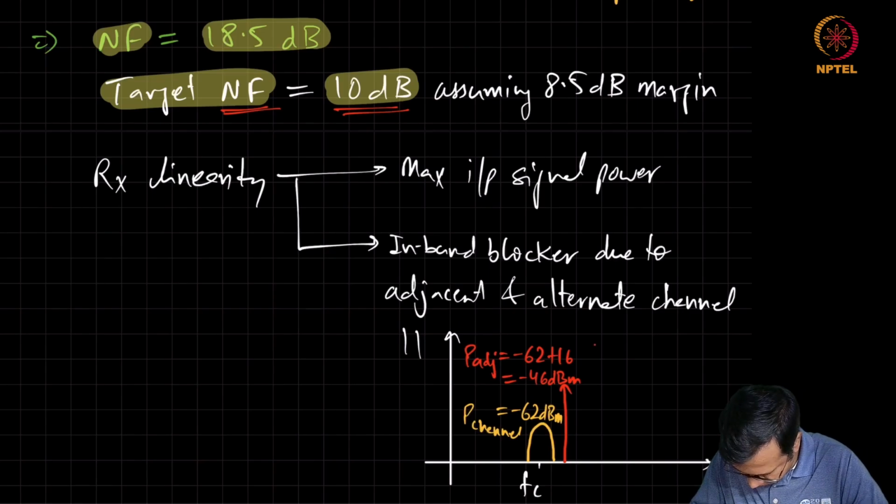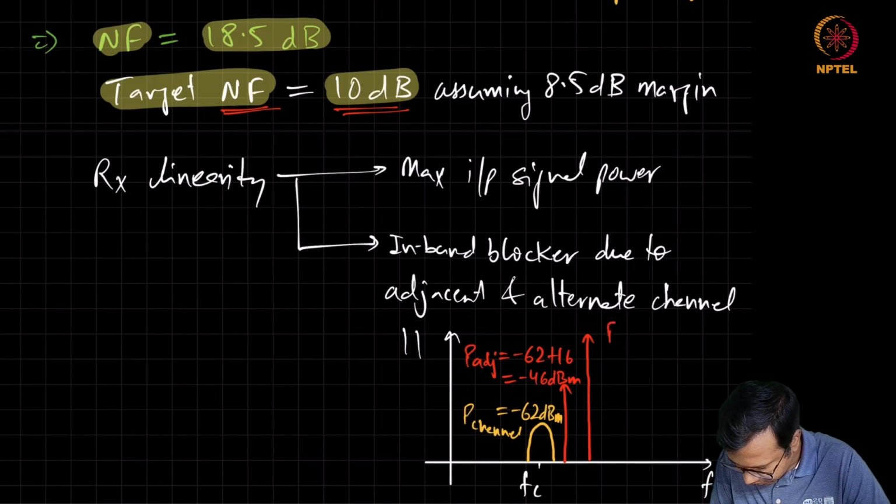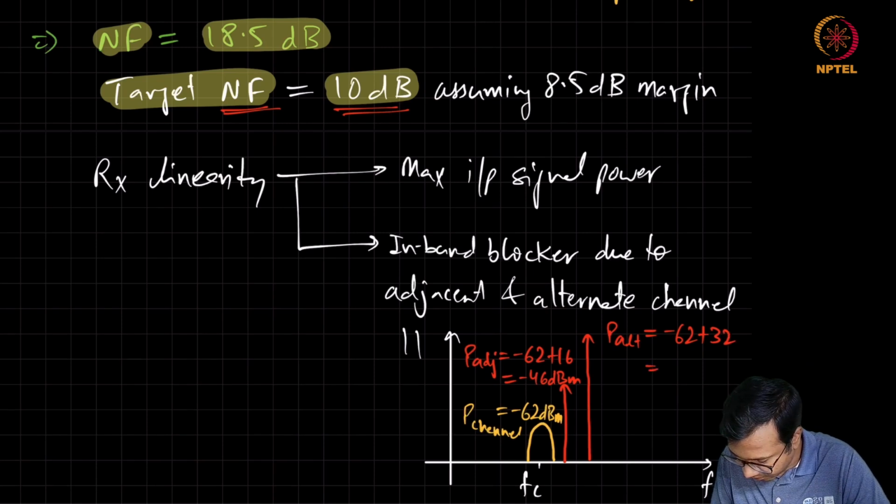And in addition to this adjacent channel, you also have to handle power in the alternate channel, which is going to be minus 62 plus 32 dB higher as per the standard, which is going to give us minus 30 dBm.